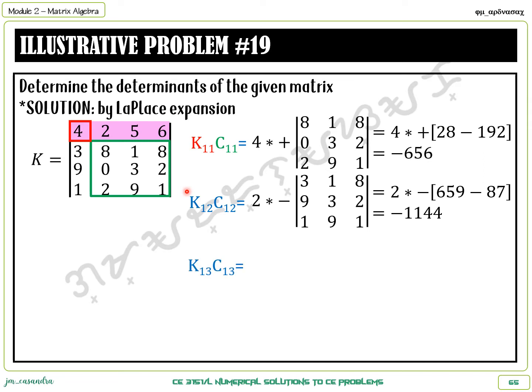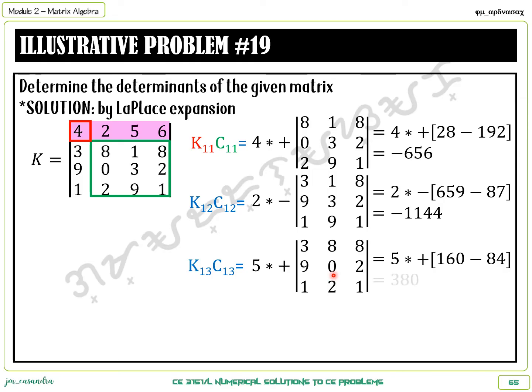So that will now be E13 times C13. So that will now be equal to 5 times the cofactor of 5, which is positive, times the minor matrix. So that will now be equal to 5 times positive 160 minus 84. And that's equal to 380.